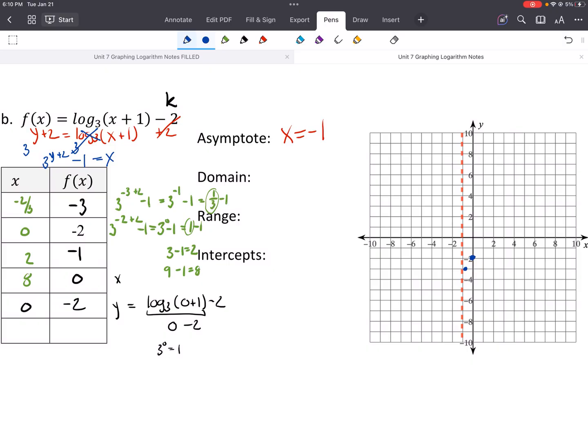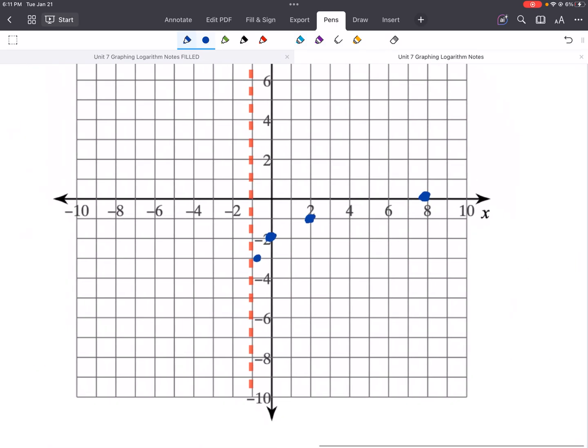At 2, it's negative 1. At 8, it's 0. And then at, oh, we already had that one. Sorry. I guess I didn't need to do that because we already did it previously. Okay? And then we'll just connect those dots and we're good.